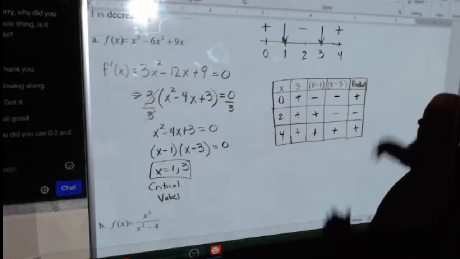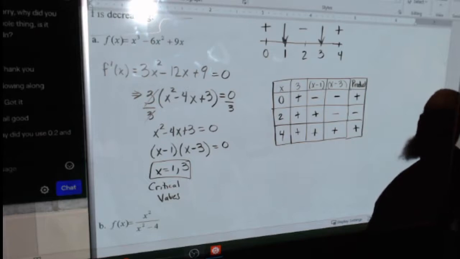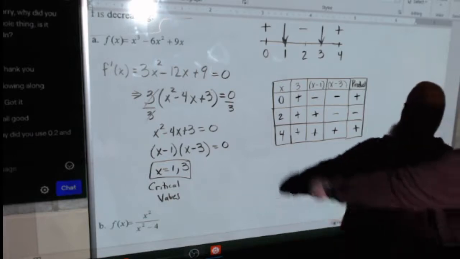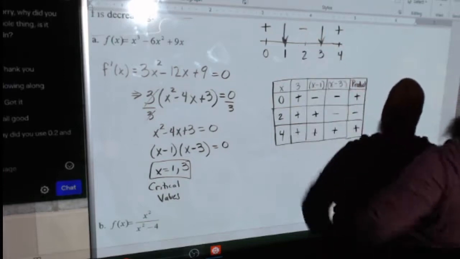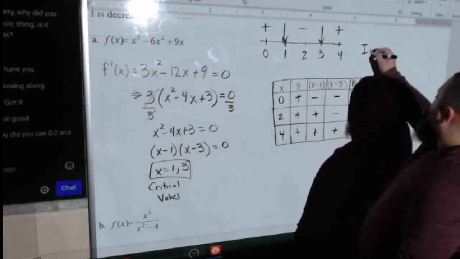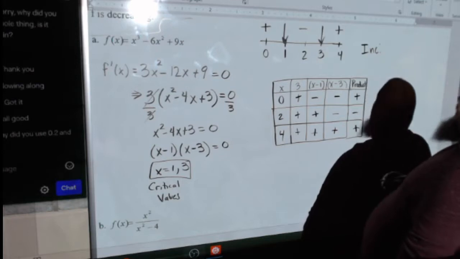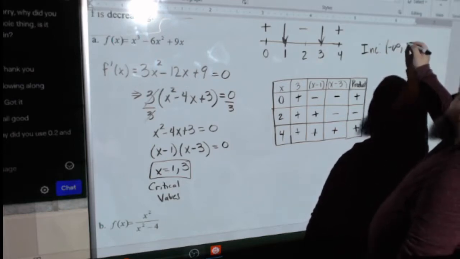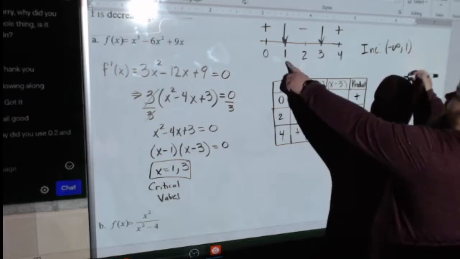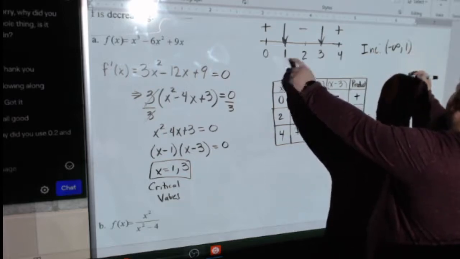All right, so what good was all that? Well, now I know what the sign of the derivative is, and I can tell you where it's increasing and decreasing. It's increasing where I see a plus, and it's decreasing where I see a minus. So, increasing from minus infinity to 1, right up to the critical value.